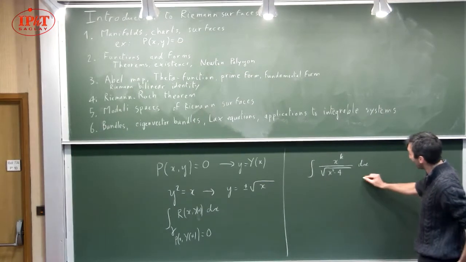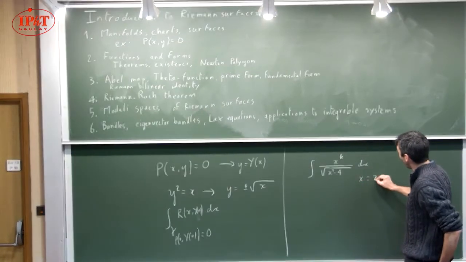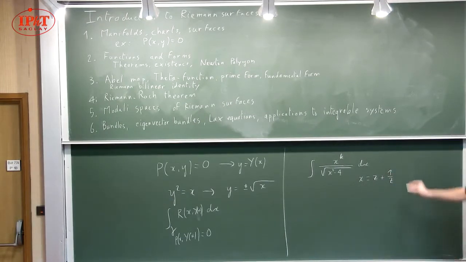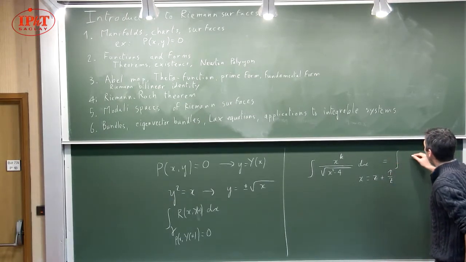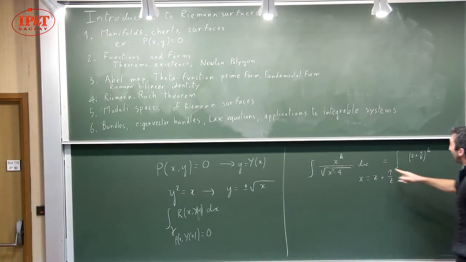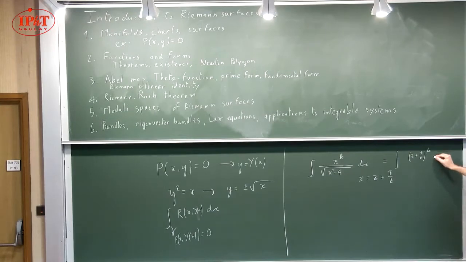Here this will be simple because there is a simple change of variable. You write x equals z plus 1 over z. Then this integral becomes the integral of z plus 1 over z to the k, and dx is 1 minus 1 over z squared dz.